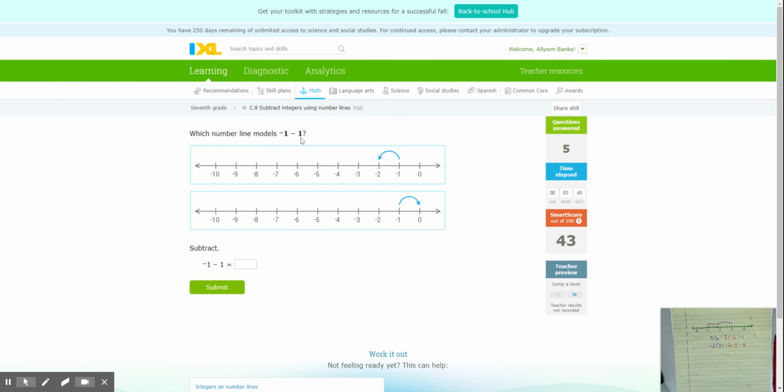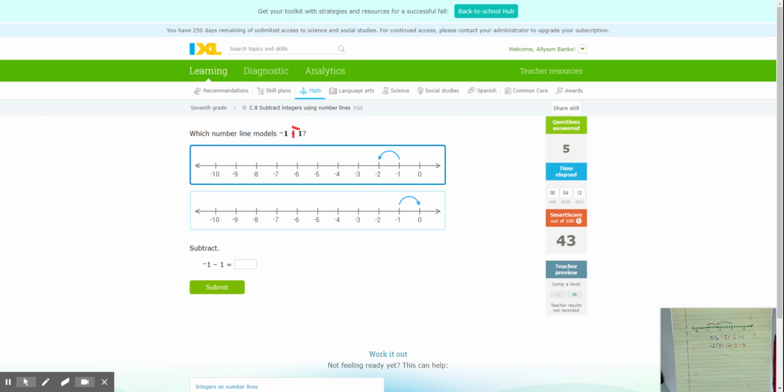Okay, -1 minus 1. Now these look like opposites, but they are not. Don't get those confused because they're both a -1 and a -1, okay? So now that you say -1 plus -1, okay, let's look at it. -1, they both start at -1, plus another -1, which means it's going to the left because it's negative, is going to be -2.